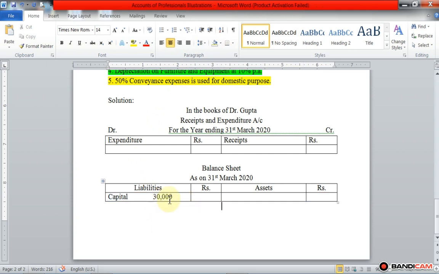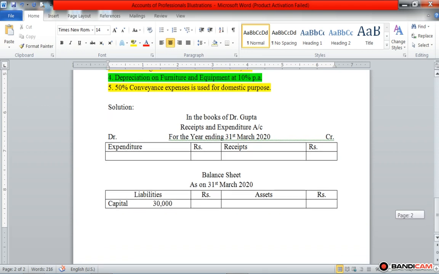It is Dr. Gupta's capital introduced while starting the business, amounted rupees 30,000. Put the figure in the inner column, because we add a surplus, we deduct a deficit, and we deduct drawings from capital, so always put the opening capital in the inner column.